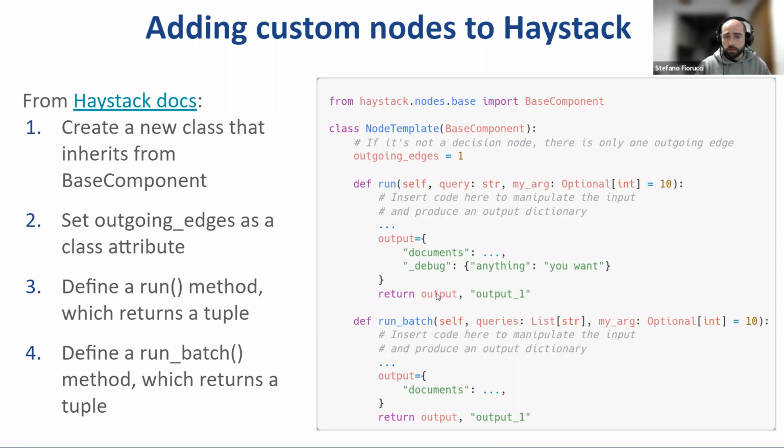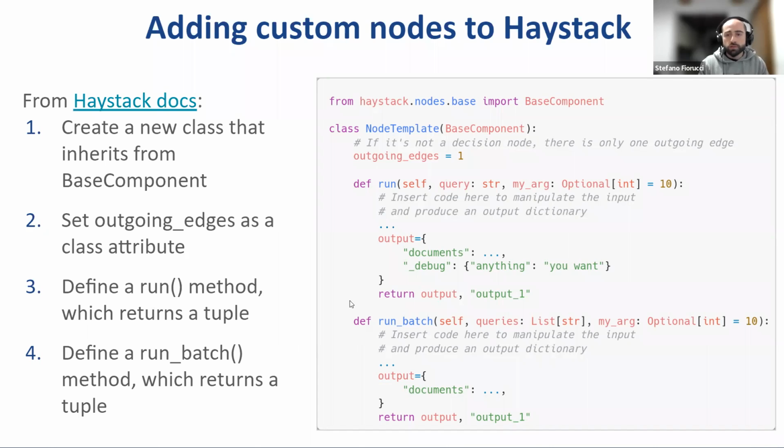The first element of this tuple is an output dictionary of the data that you want to return and pass to the next node, while the second element is a string containing the name of the outgoing edge. Last, you have to define a run batch method that makes it possible for query pipelines to accept more than one query as input. And it is similar to the run method.